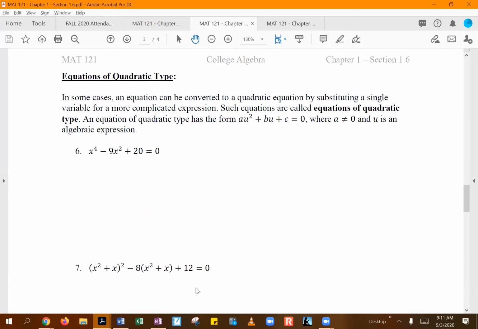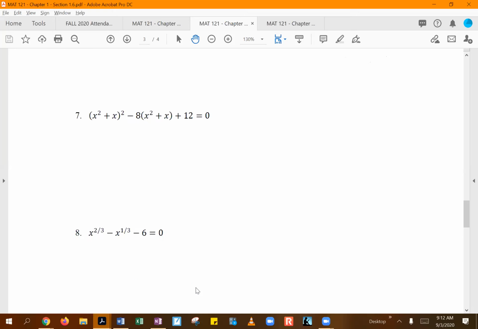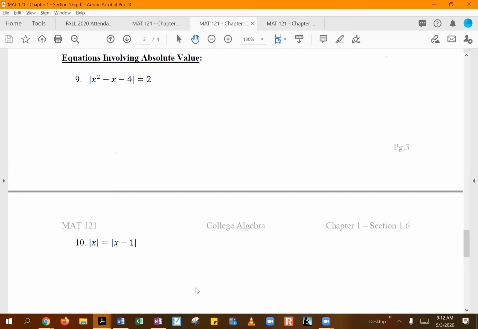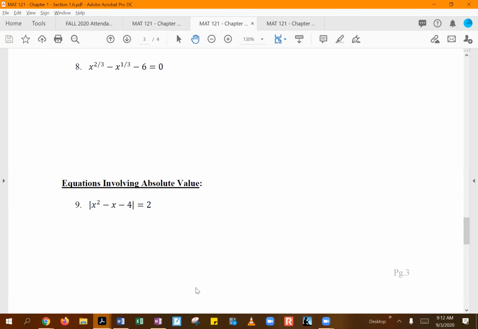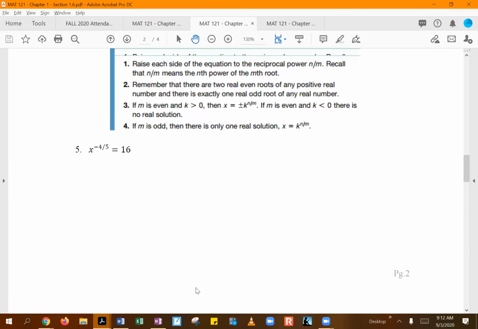And then these ones are really interesting because they're equations that could be in a similar type as a quadratic equation. So you can use your techniques from quadratic equations to solve equations of this type. And then we are also bringing back the idea of absolute value equations and how you would work them, maybe with a higher degree polynomial.